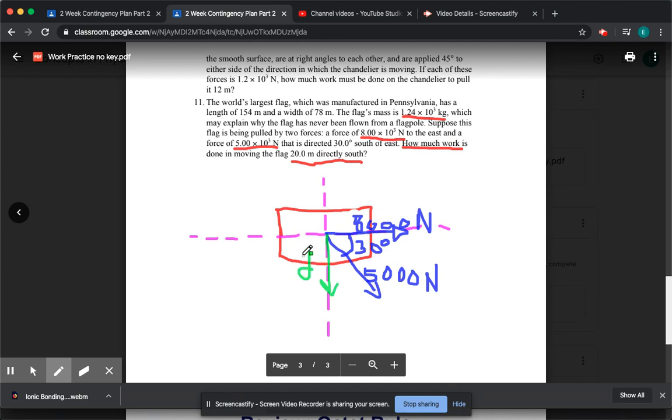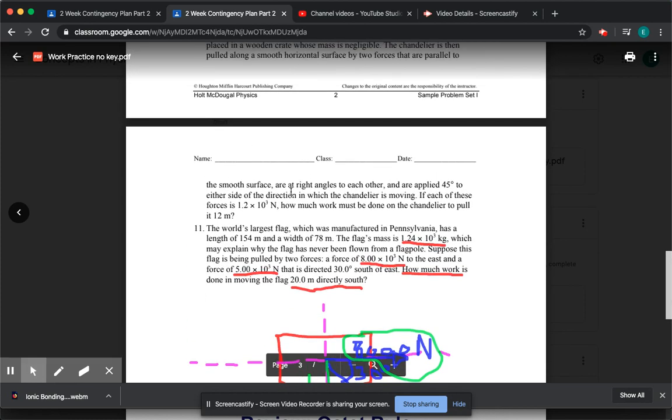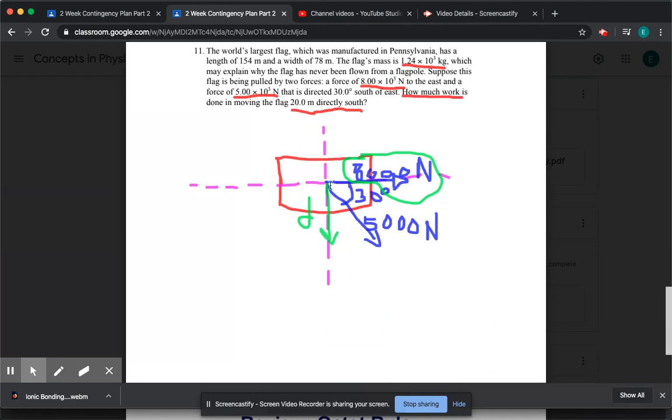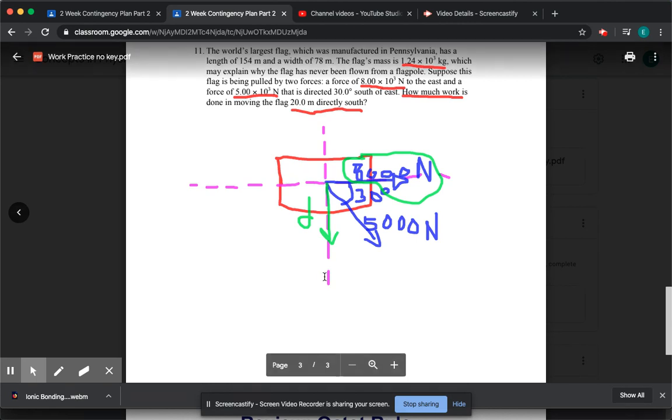Because displacement is directly south, we can ignore one of these forces, the 8,000. If you remember, in problem number 10 we also had two forces, and we had to add them because both were contributing to the displacement. But in this case, we have one force going directly east and the displacement is directly south.